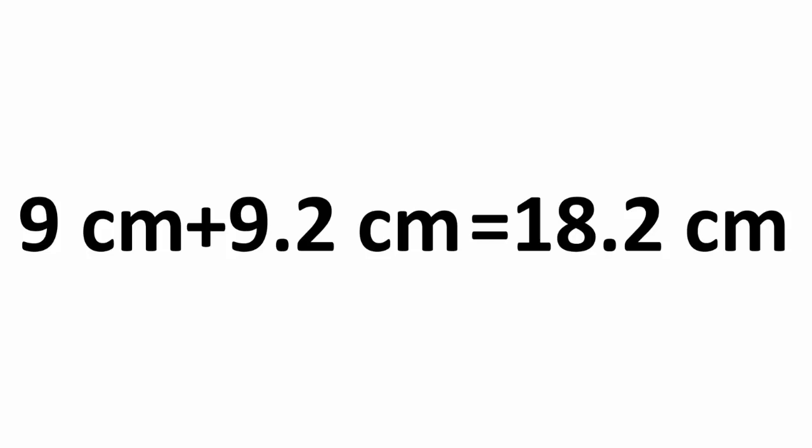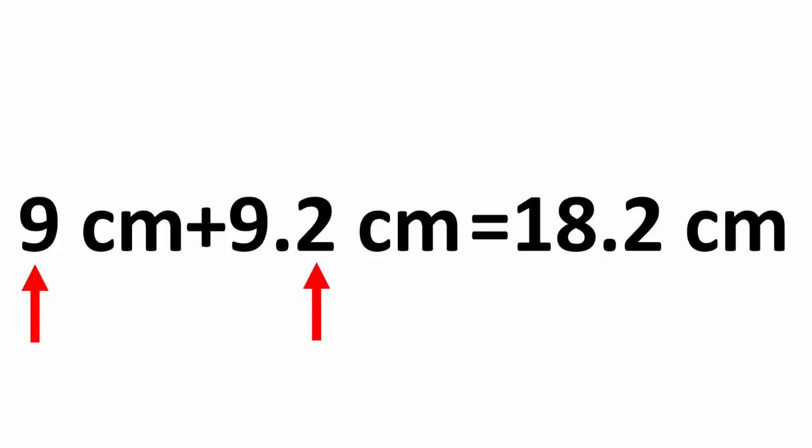We see that the first length, 9 centimeters, was made using a ruler with centimeter ruling, so it is accurate to 1 centimeter, while the second length was measured using a ruler with millimeter ruling, so its measured length is accurate to a millimeter. We can see that the centimeter ruler is the least accurate.